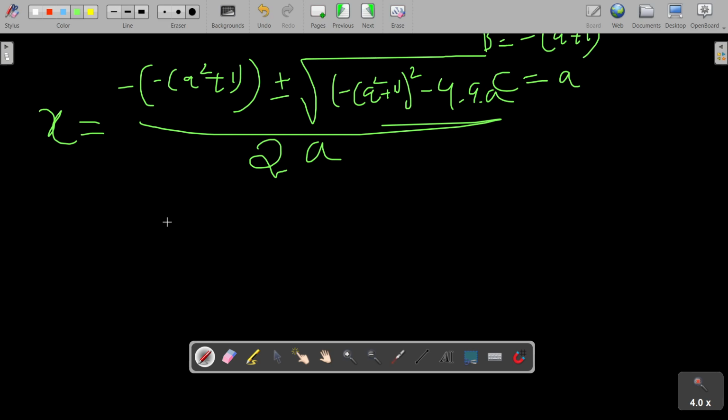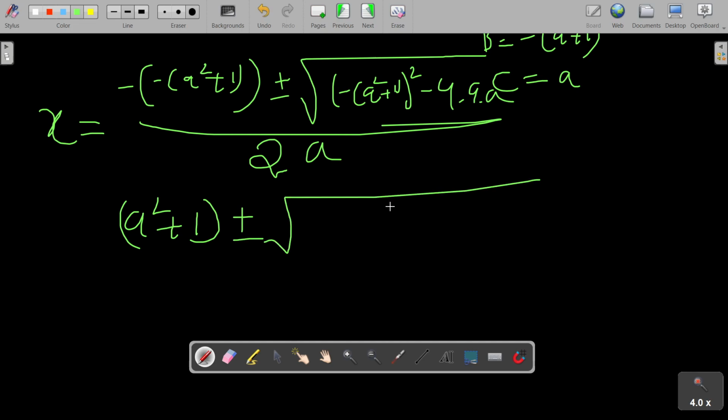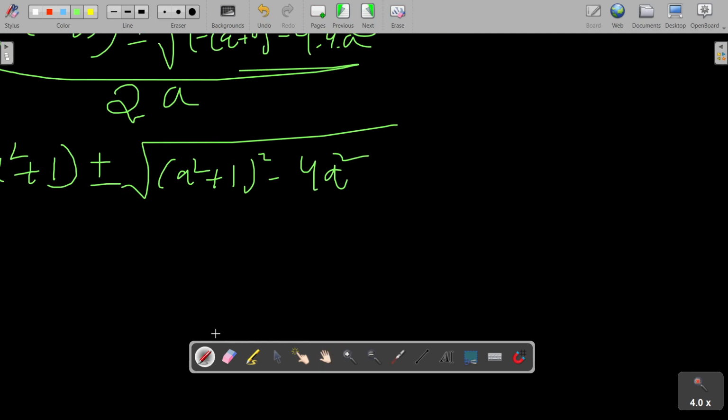Let's simplify this. Minus into minus becomes plus, a square plus 1, plus minus root of this, which becomes a square plus 1 whole square minus 4a square. Let's simplify the square root of this discriminant.